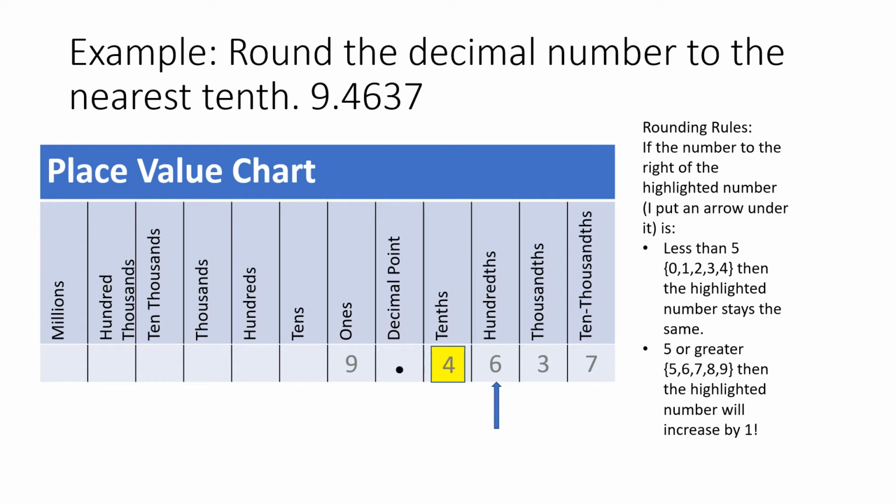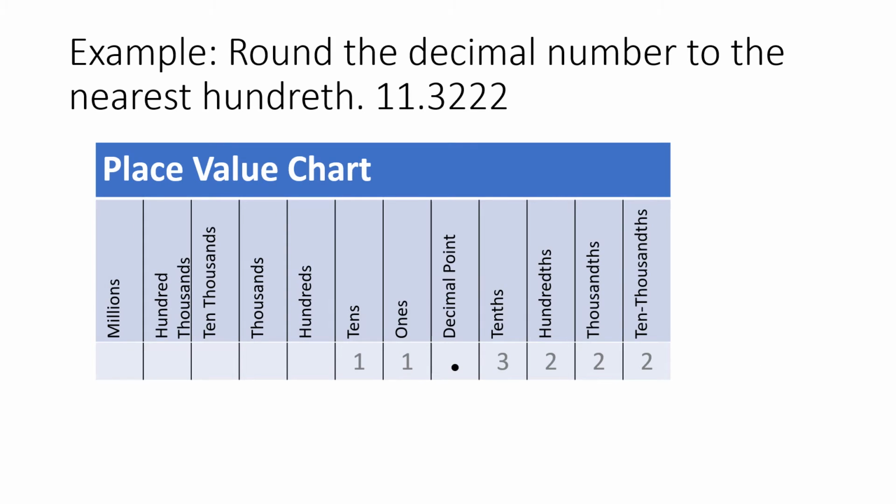So since my number that is above the arrow is a 6, that means my 4 is going to turn into a 5 because 4 plus 1 is 5. So my answer is going to be 9.5, and that would be rounded to the nearest tenth place, so one place after the decimal. So let's look at another example.